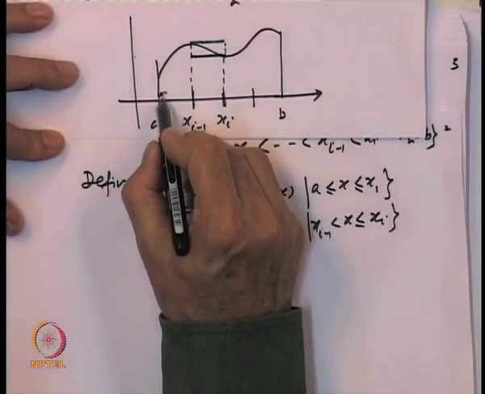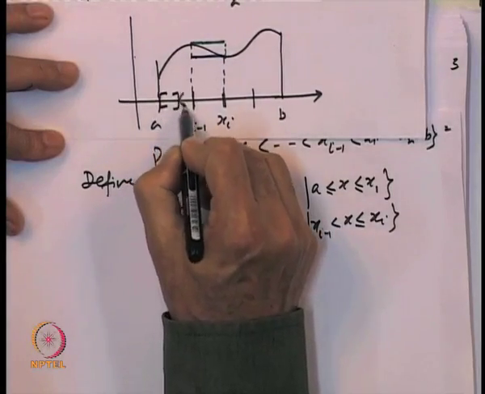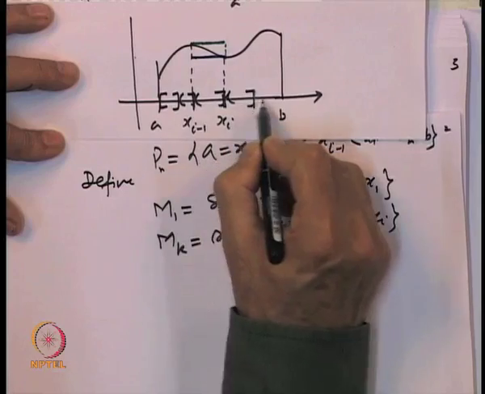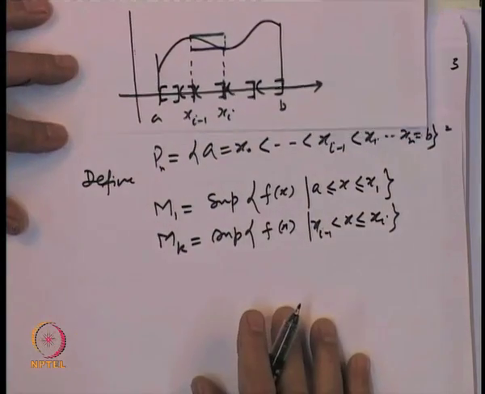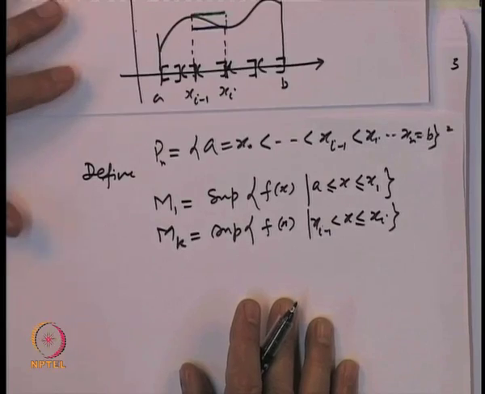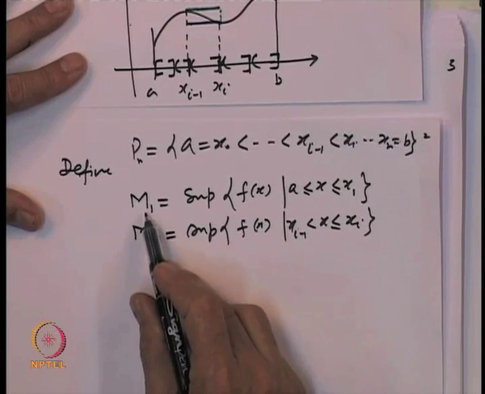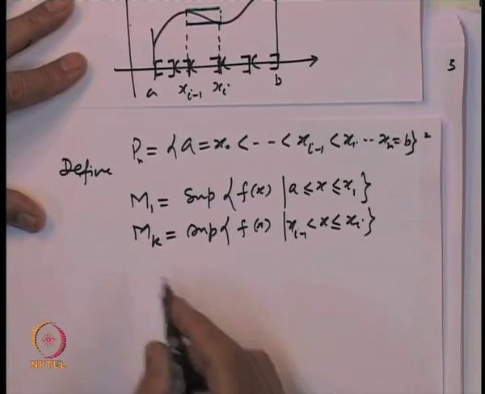So, what I am doing is, in the first part I am looking at this, then I am looking at left open, right closed, left open, right closed, left open, right closed. So, I am partitioning the interval a b according to the partition points P n, and then looking at the supremums in the respective intervals.